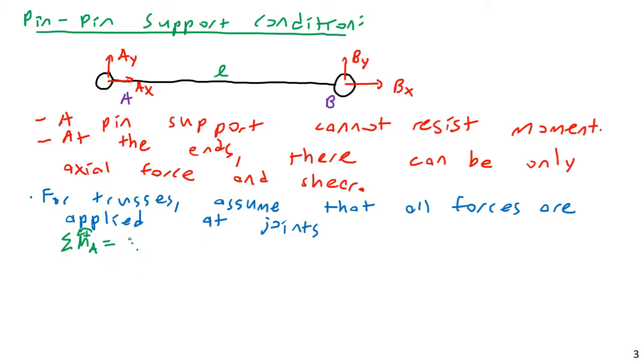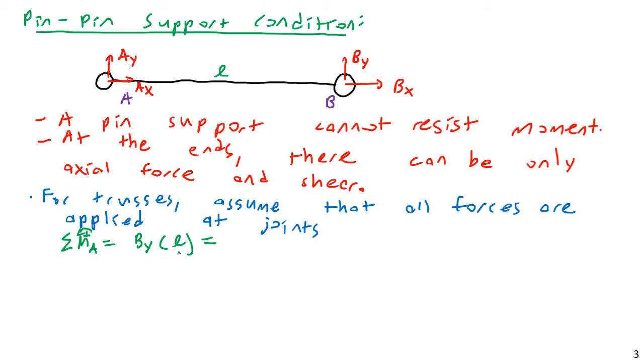So if I do a sum of moments about A, all I'll have is BY times L. This is why it's important that I don't have any loads along the member, because if I had a load along the member, there'd be something to balance this. But because there's not a load there, there's nothing to resist that.